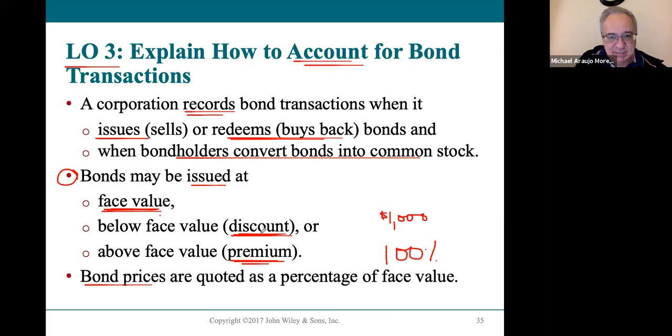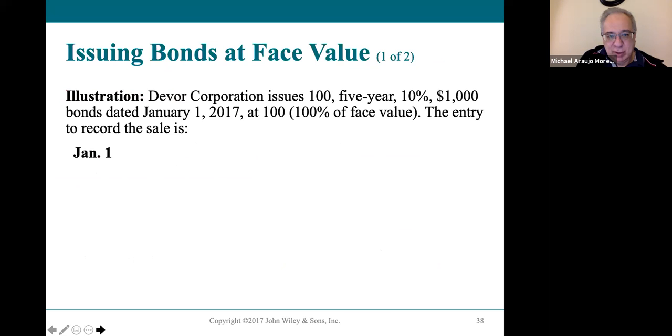That's a discount. If you're selling it for a higher price, you're selling it at more than 100% of the value. That's a premium. So that's how bond prices work and how they affect these three things that I just mentioned here. Okay. So we're going to move on to some bookkeeping.